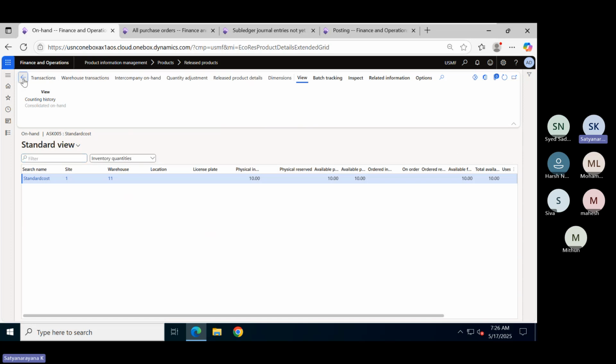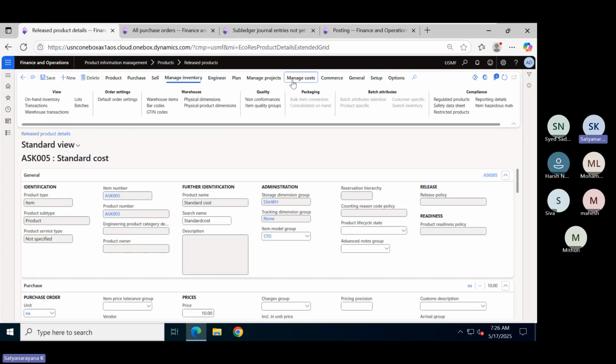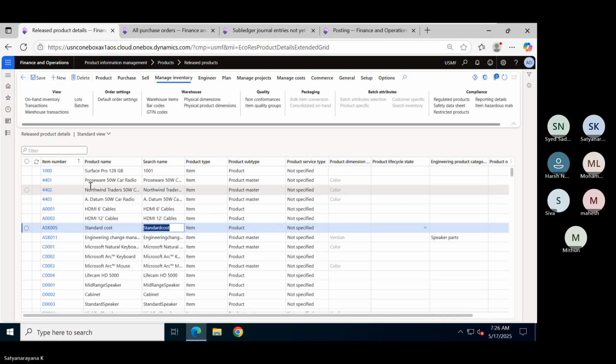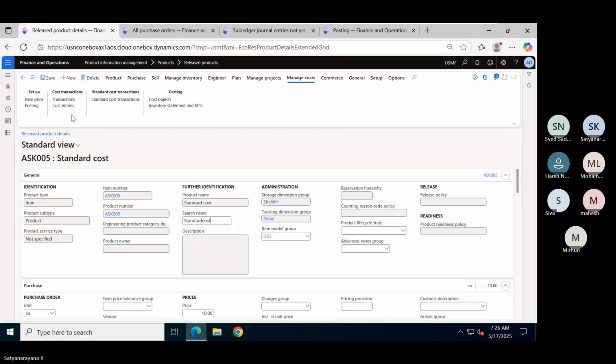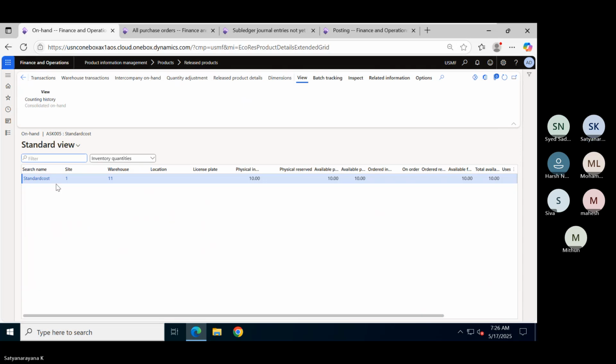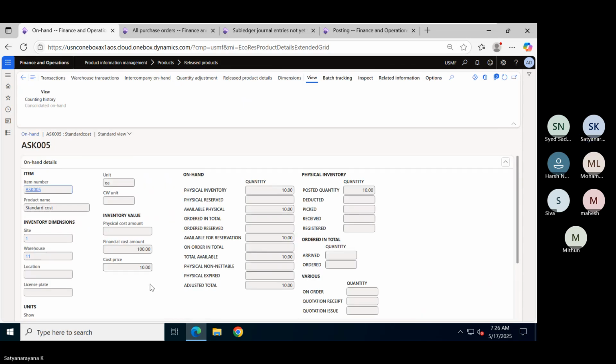Okay, because we have updated managed cost price. We have entered $10 only. That is the reason it is updated $10. Okay, in the managed inventory, on-hand inventory, price is updated $10.